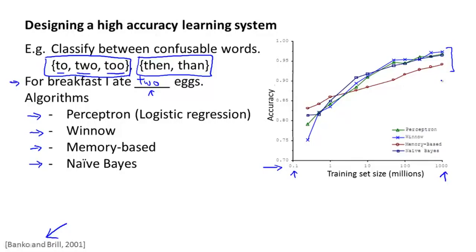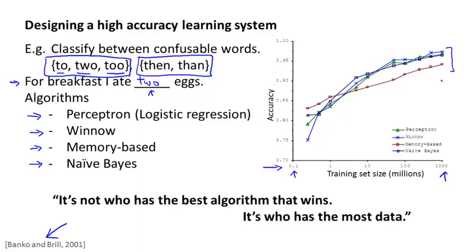And results like these have led to a saying in machine learning that often in machine learning, it's not who has the best algorithm that wins, it's who has the most data. So when is this true and when is this not true? Because if we have a learning algorithm for which this is true, then getting a lot of data is often maybe the best way to ensure that we have an algorithm with very high performance, rather than debating, worrying about exactly which of these algorithms to use.